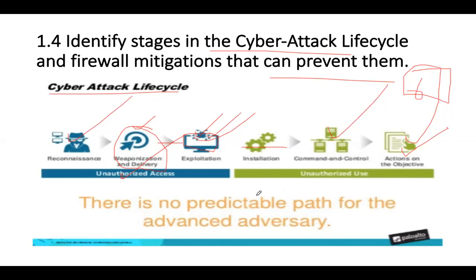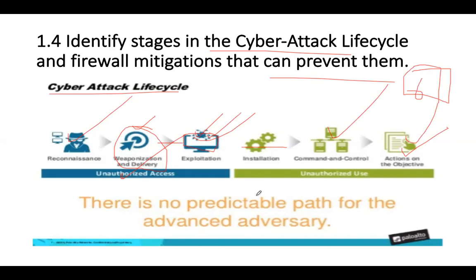If I want to harm a particular network, I'll gather all the information. I will make myself an identity so that I can enter the network. Once I know that I can enter the network, I will create some sort of threat, and I'll let that threat get installed.